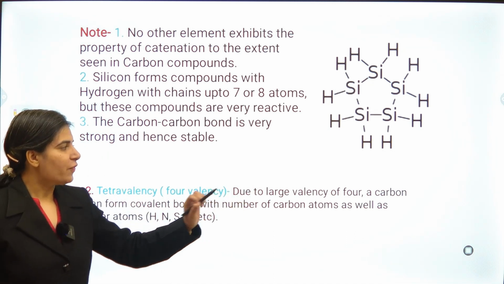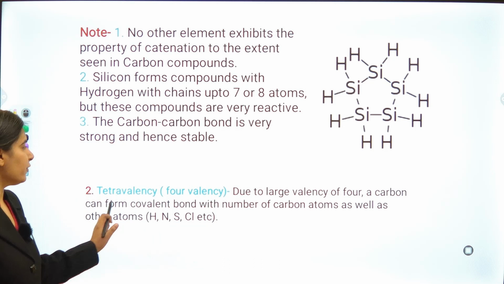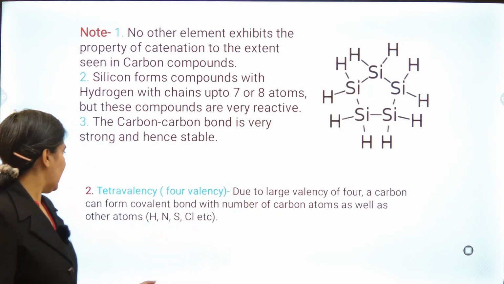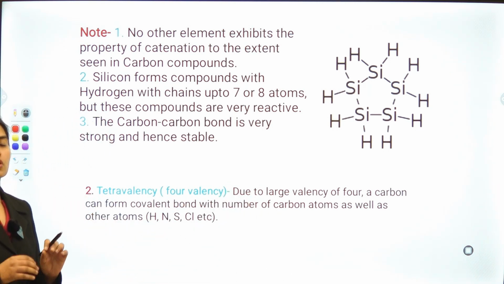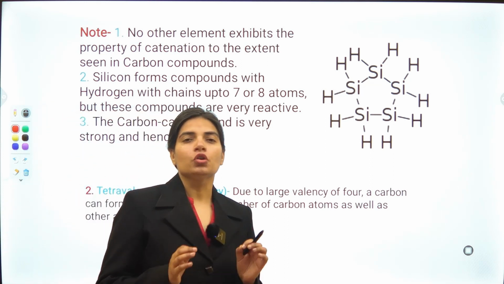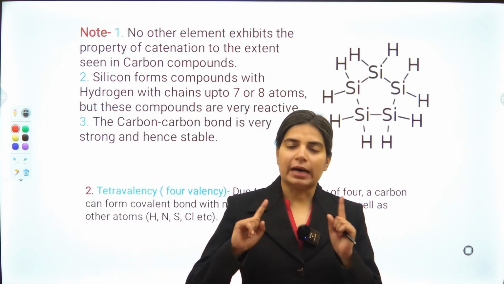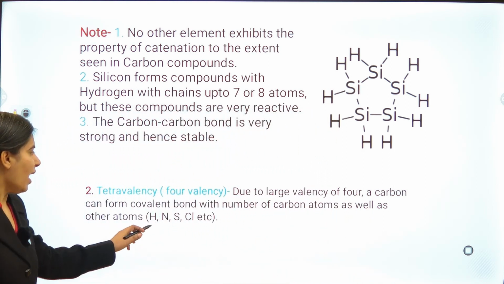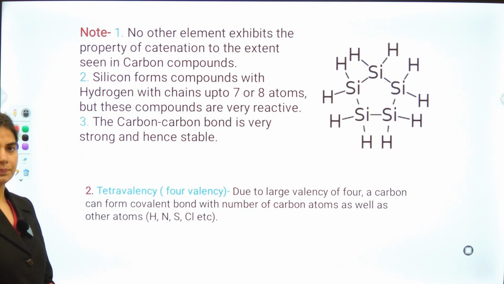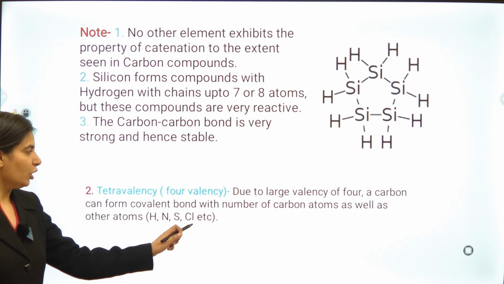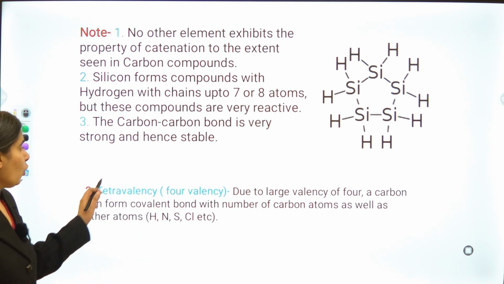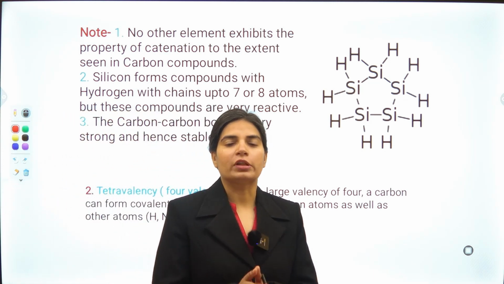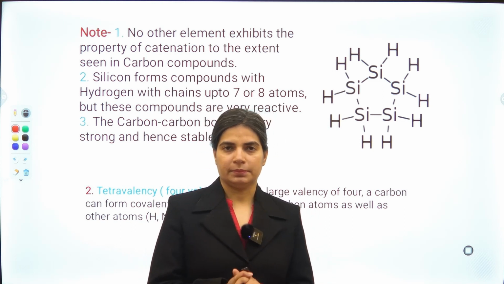Here, due to its large valency of 4, carbon can form covalent bonds with a number of carbon atoms as well as with other atoms such as hydrogen, nitrogen, sulfur and chlorine. So tetravalency is also responsible for the versatile nature of carbon.